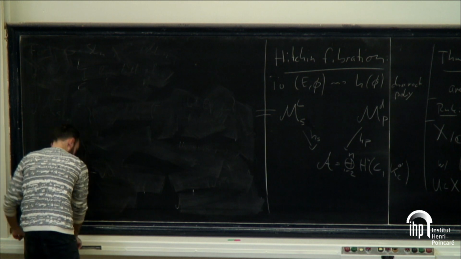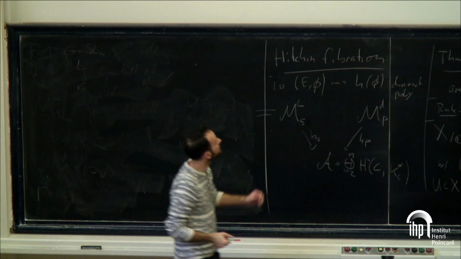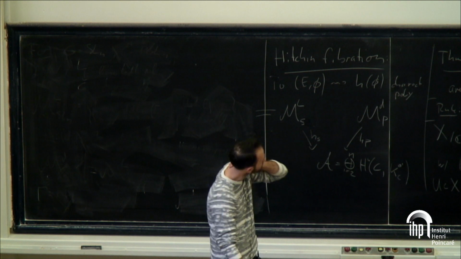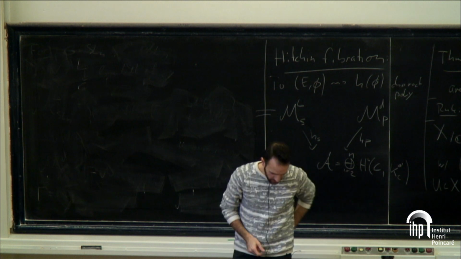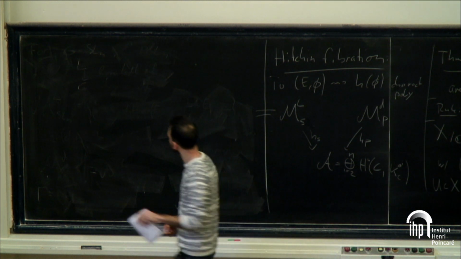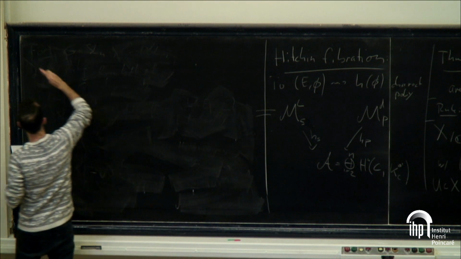So this takes care of one side of the conjecture, but not the other. And how does the other one go? It's more complicated.